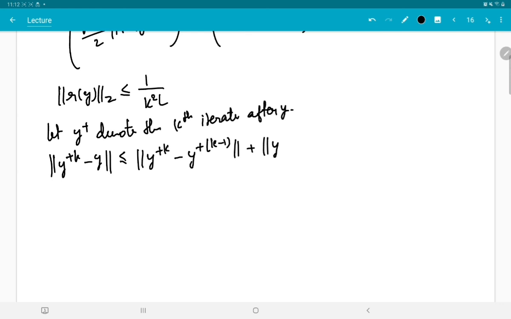So what I'm basically doing is adding and subtracting all intermediate terms and applying the triangle inequality. And t is 1, so t disappears, and this is k minus 1 plus, sorry, minus k minus 2 and goes up to y plus minus y.